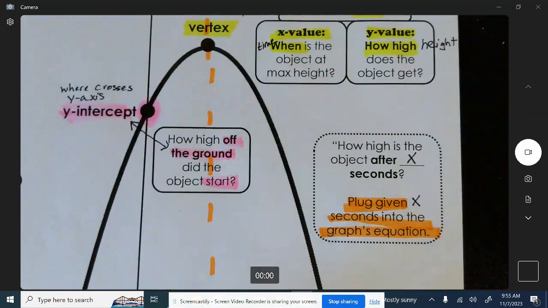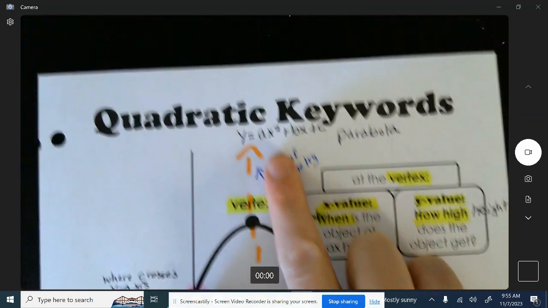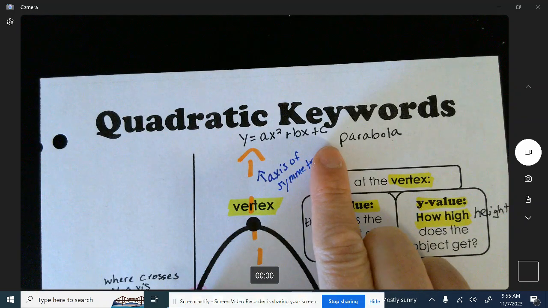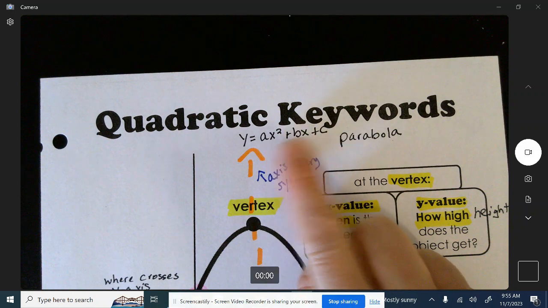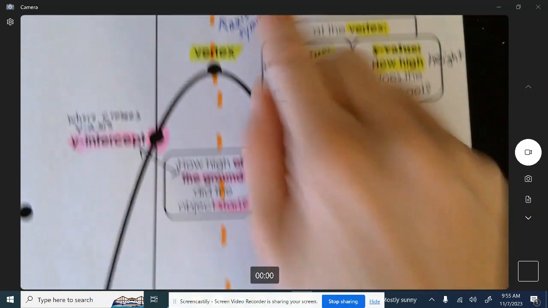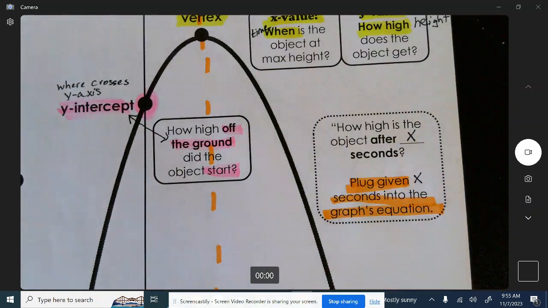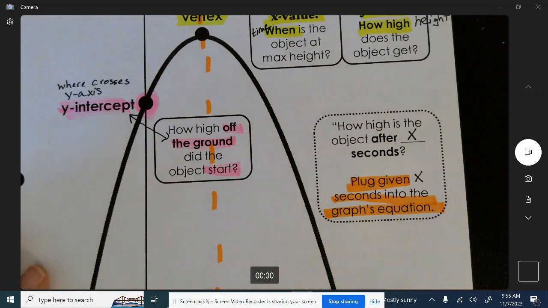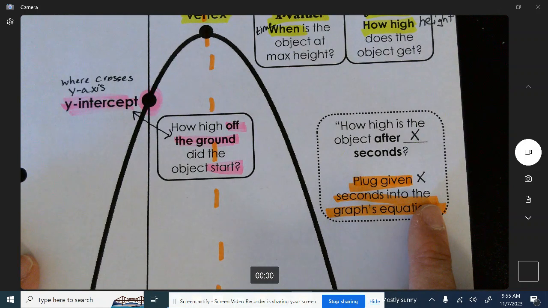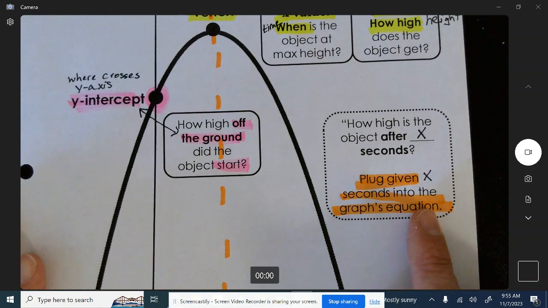In other words, in y equals ax squared plus bx plus c, for every x, I would plug in 2 seconds or 3 seconds to come up with how high the object is. So you can plug in any value of x and come up with a y.